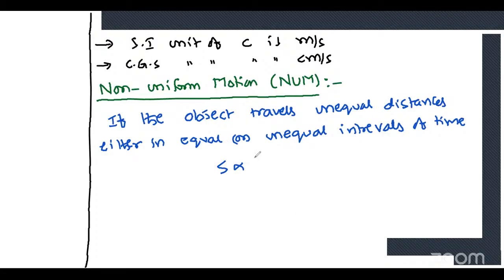That is, if S is proportional to t power x, where x belongs to rational numbers, such that x is not equal to 1. Suppose x is a rational number. Let us consider an example: S is proportional to t square.